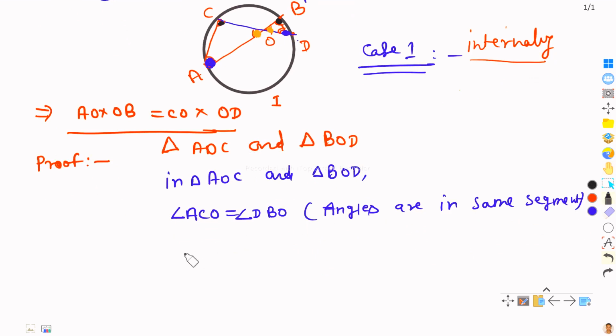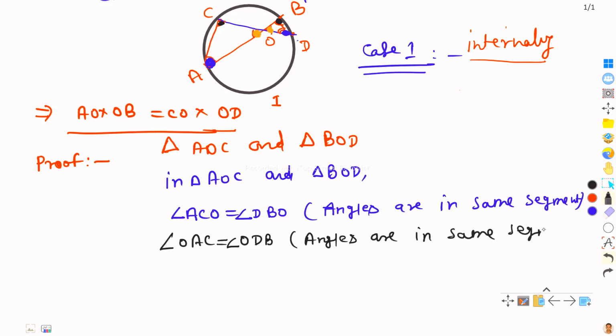Again, we have found that angle OAC equals angle ODB. The reason is also the same, because they are in the same circular segment, so they are equal. This is the theorem of circles: angles in the same segment are equal.